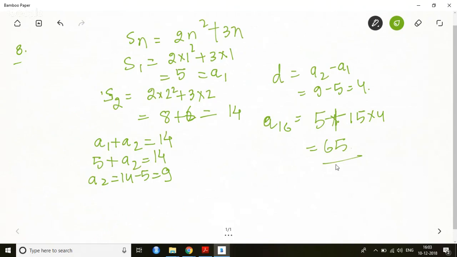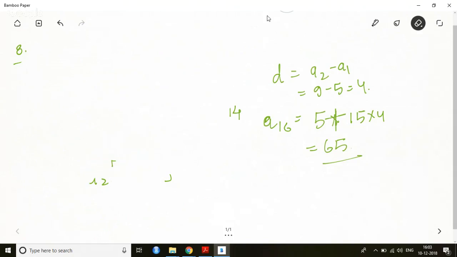Which one is seventh question? Seventh question is like this.